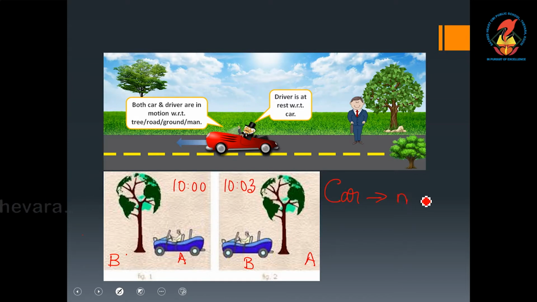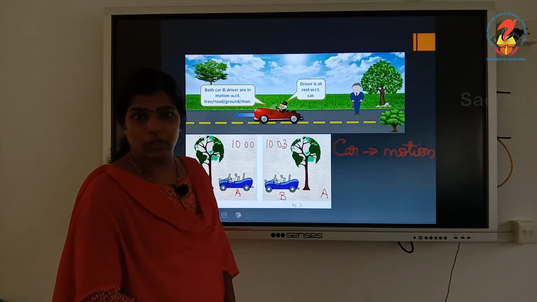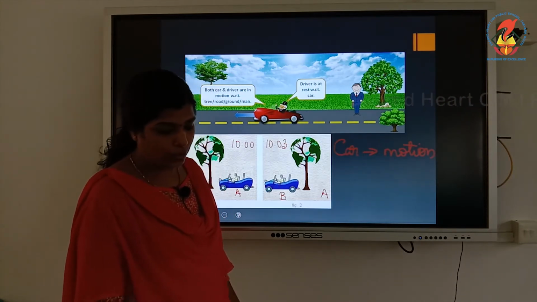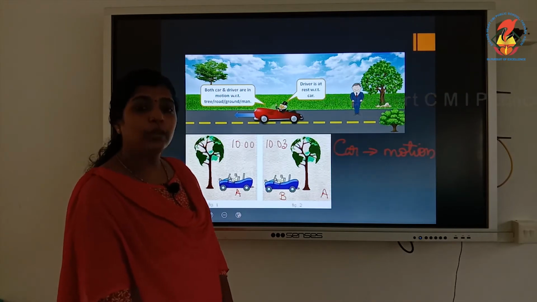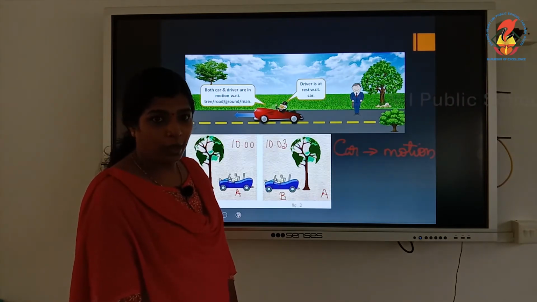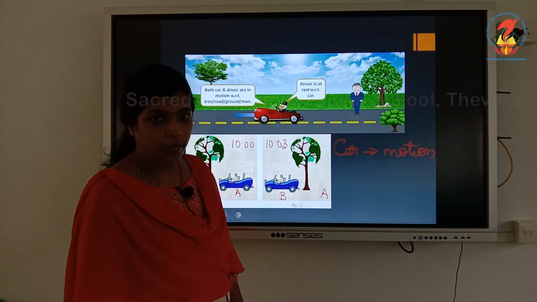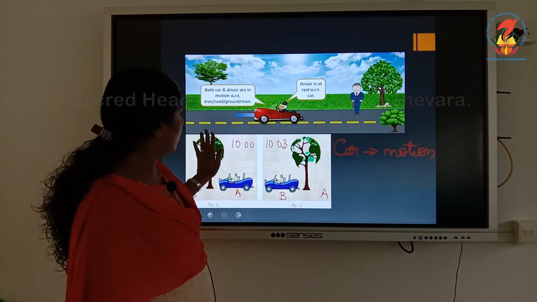If an object changes its position during a time interval with respect to a stationary object, and here I am considering this tree, then it is in motion.